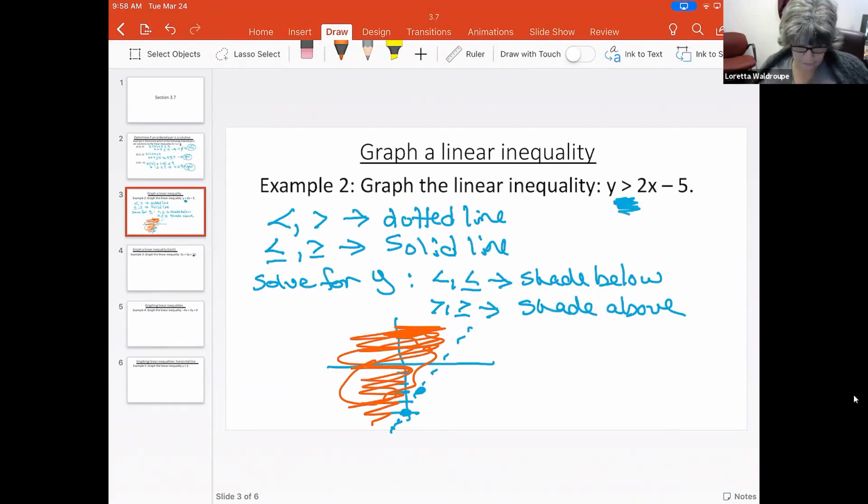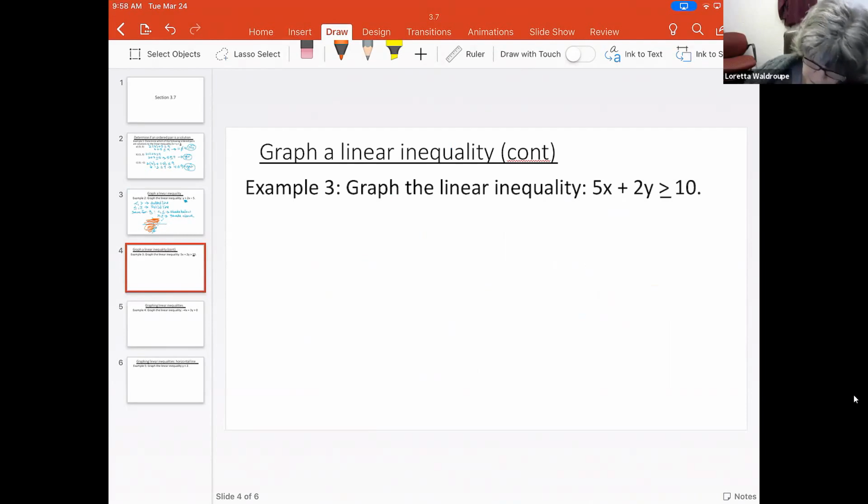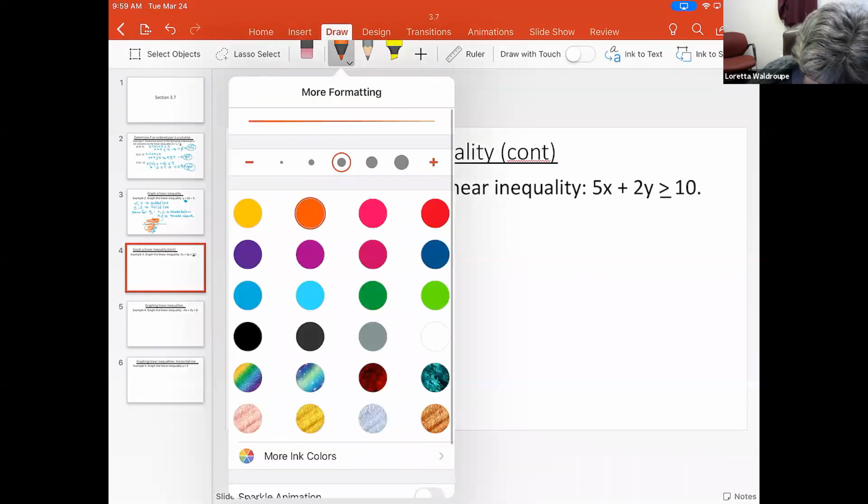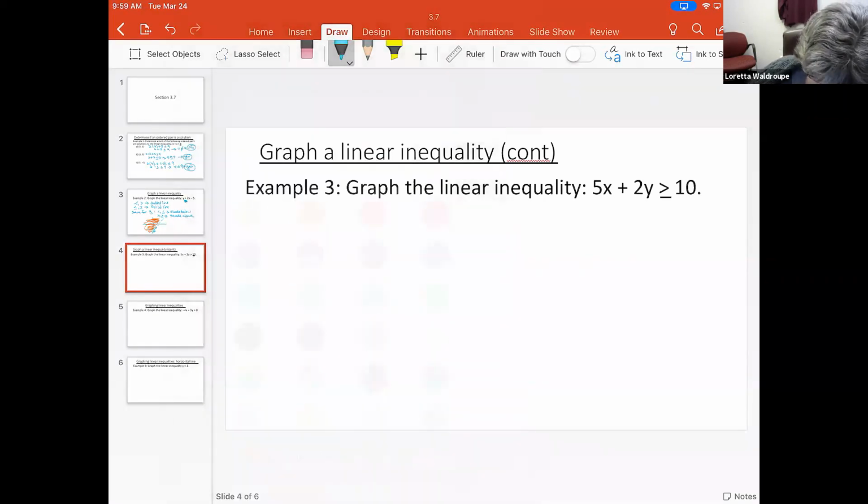Okay, let's look at the next one. Okay, first thing you want to do is solve this equation for y. So I'm going to subtract 5x from both sides.